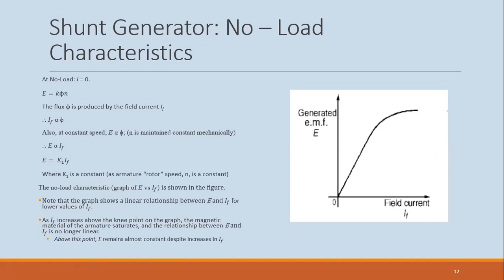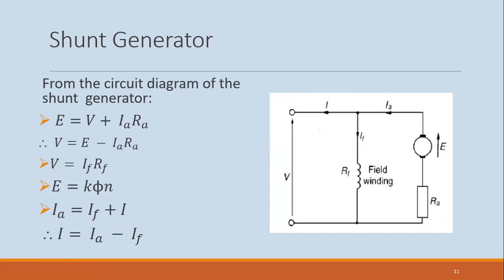All right, so let us know the machine has particular characteristics or graphs that basically represent them. So the shunt generator at no load, the current is 0, right? At no load, I would be equal to 0.